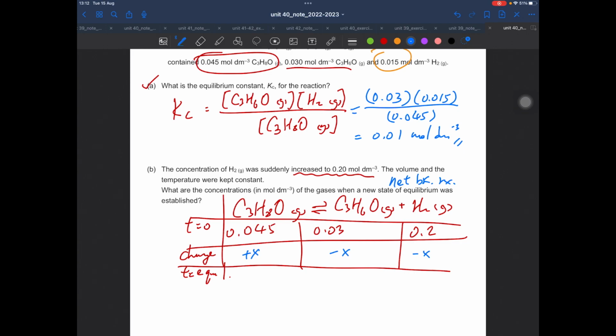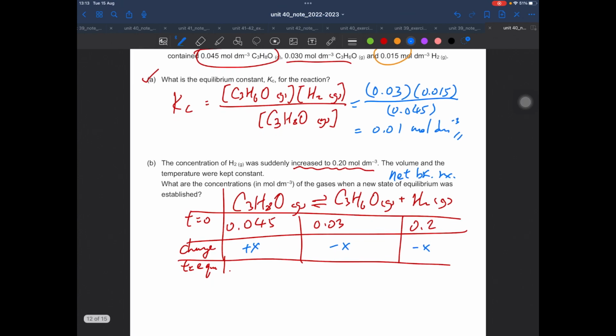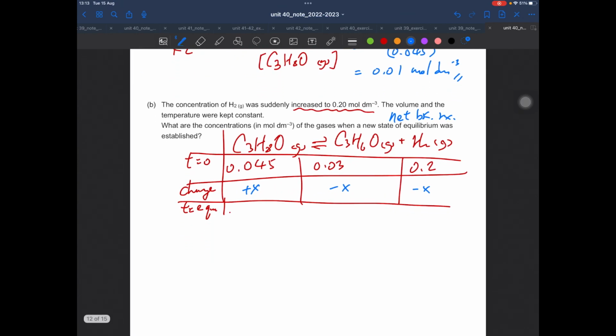So some of you may wonder, what if you do it wrongly? Oh, don't worry, you will get a negative value of x. It's still fine. Okay, so 0.045 plus x.